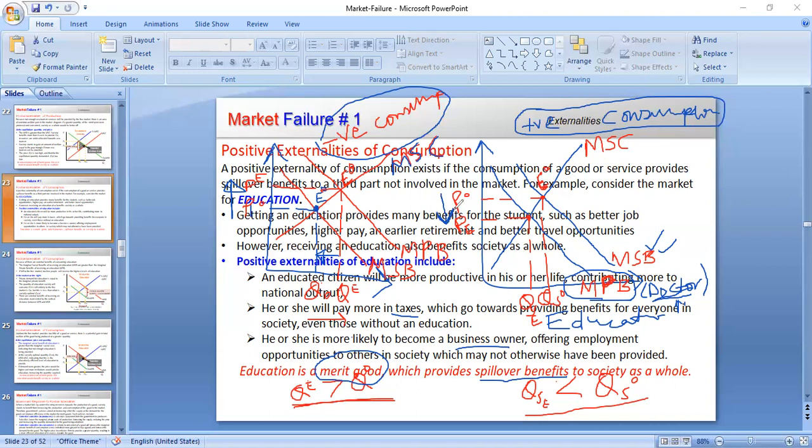Subsidizing is the opposite of taxation. So the government will subsidize positive externality in consumption. One way, for example, if it is education, subsidizing means the government can provide scholarships.